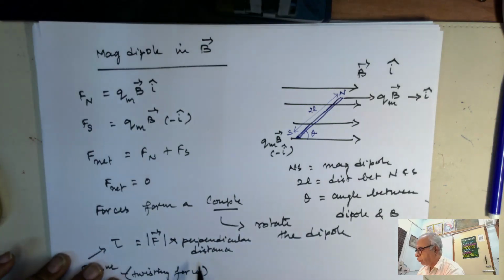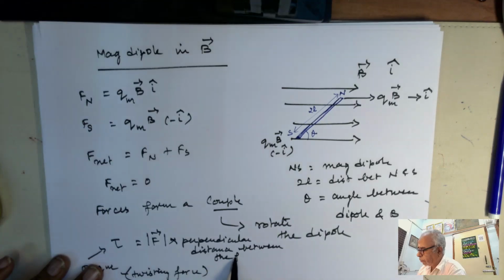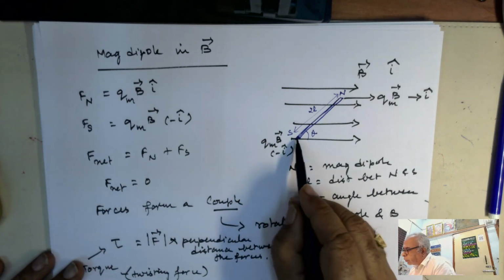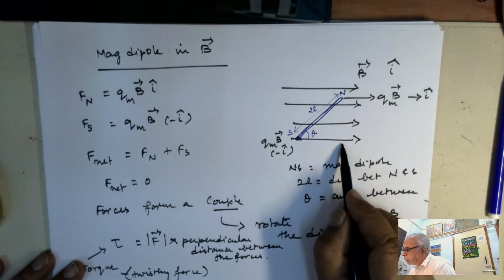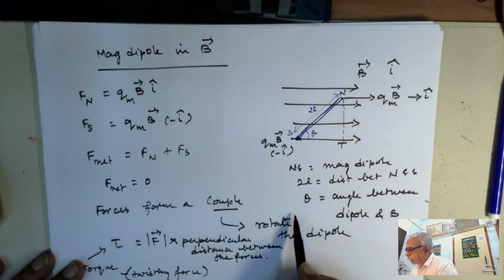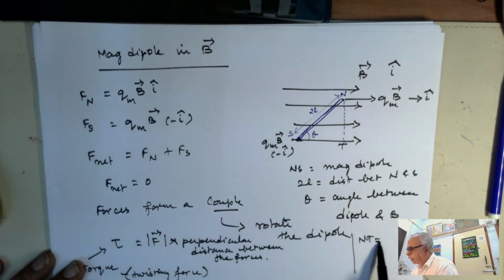It is the perpendicular distance between the forces. Here let me call it T. So this is the perpendicular distance. Do you understand this? So NT is the perpendicular distance between the two forces.